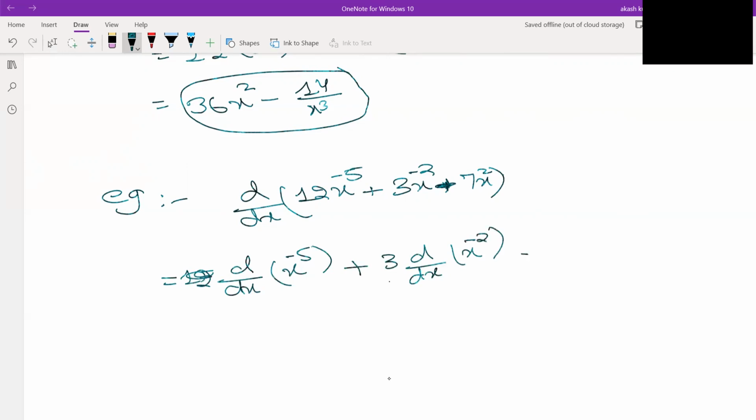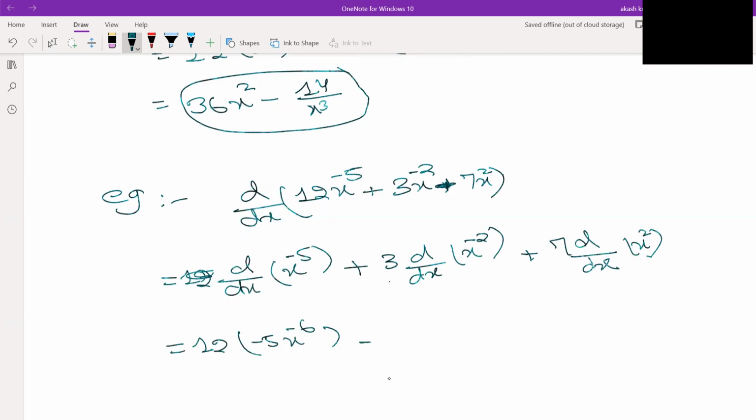And then the same on the last one, plus derivative of 7x square. Okay, and then now 12 times negative 5 x to the power of negative 6. So 12, and then negative 5, x to the power of negative 6.